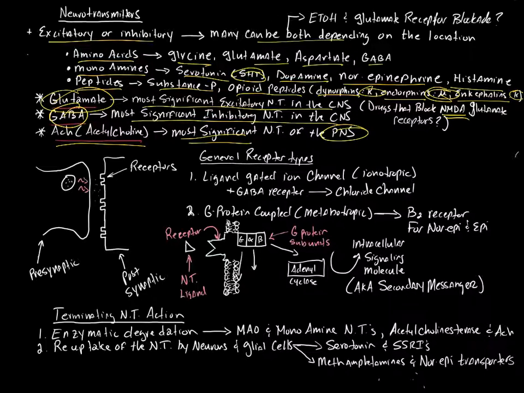I want to give you an example of that with glutamate. We said that blocking glutamate receptors will prevent neurons from being excited by glutamate. Does that make sense? So you would think that if I give you something that blocks glutamate, you should become depressed, right? Would that make sense?